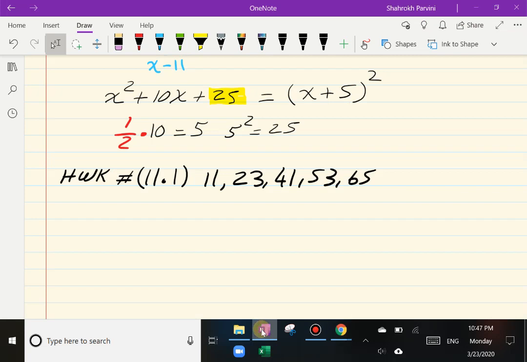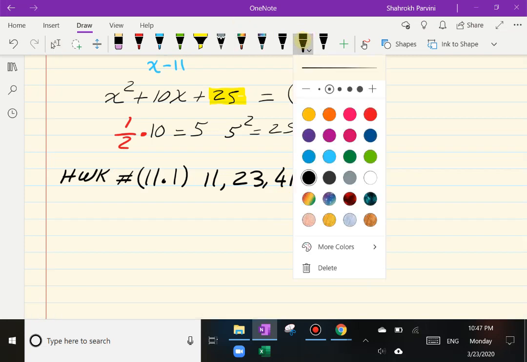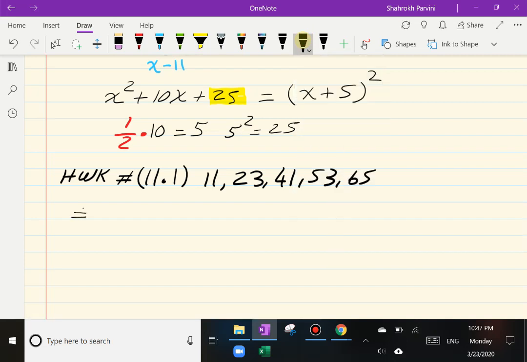So exercise number 12, right in here. This is exercise number 12. We had 4y squared equals 12.